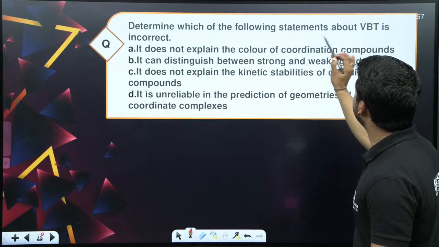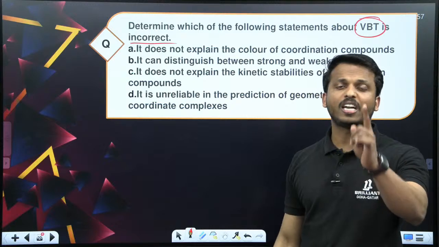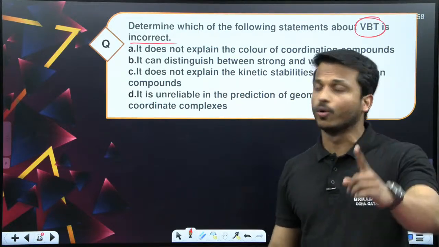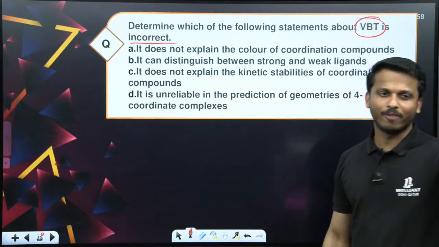Determine which of the following statements about VBT is incorrect. Dear all, they will ask postulate based questions. I'm keeping quiet now, waiting for your answer.